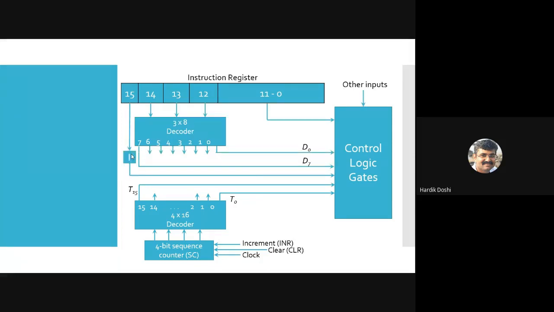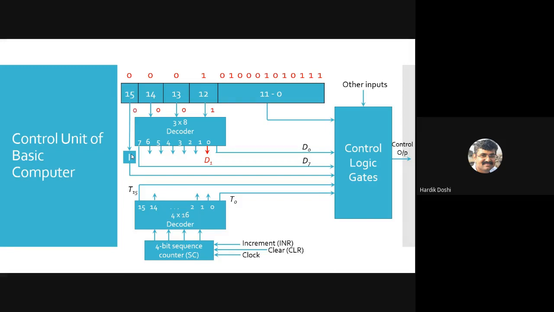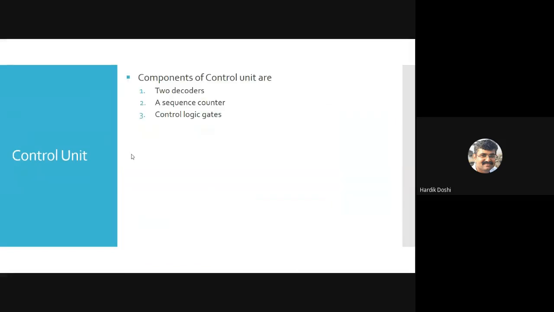So this is your control unit of a basic computer. Now you have decided the timings. Now, see, these are the theory part. Two decoders are there, one sequence counter is there, control of the gates will be used, and instruction will be placed into the memory.